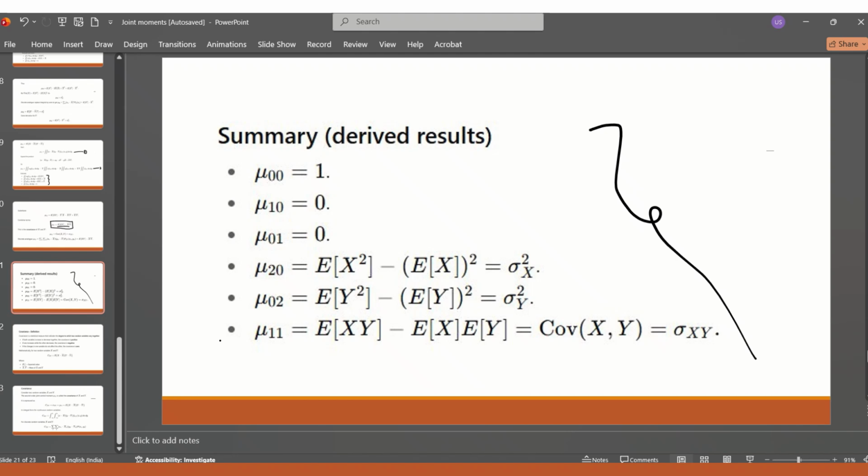Covariance is equal to Rxy minus the product of the mean of x and the mean of y.